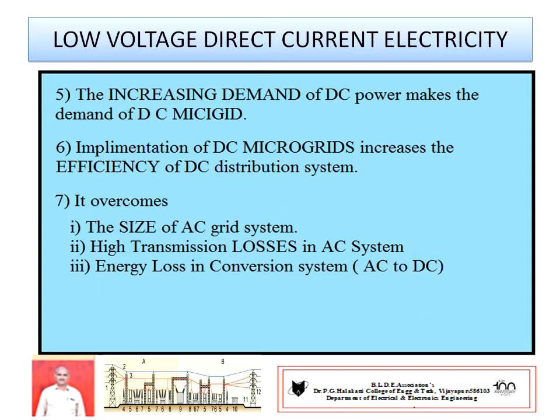Hence, compared to AC supply with conversion, DC microgrids stand in a better position. The design of DC microgrids overcomes the size of the AC grid system, and high transmission losses are expected in the AC system as compared to the energy loss in AC to DC conversion.